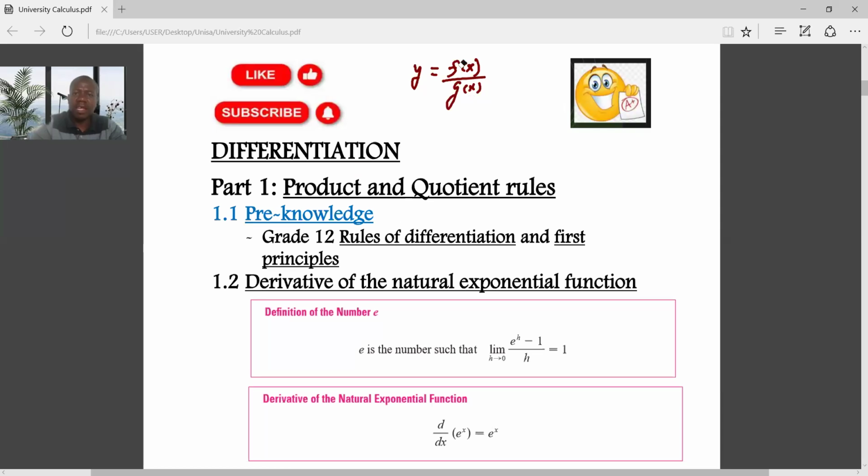And within this part, we also went through the derivative of a natural exponential function, where we said the derivative of e to the exponent of x is just e to the exponent of x. That is what we went through, ladies and gentlemen.